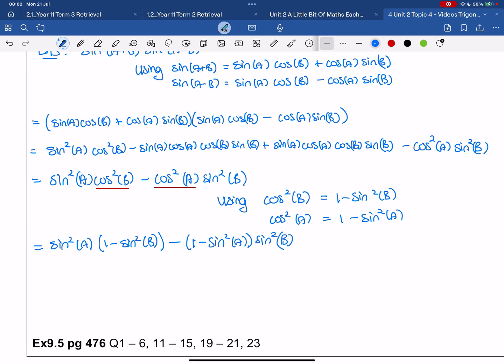And I'm going to need to expand that. So I've got sine squared of a minus sine squared a sine squared b. Follow the process.